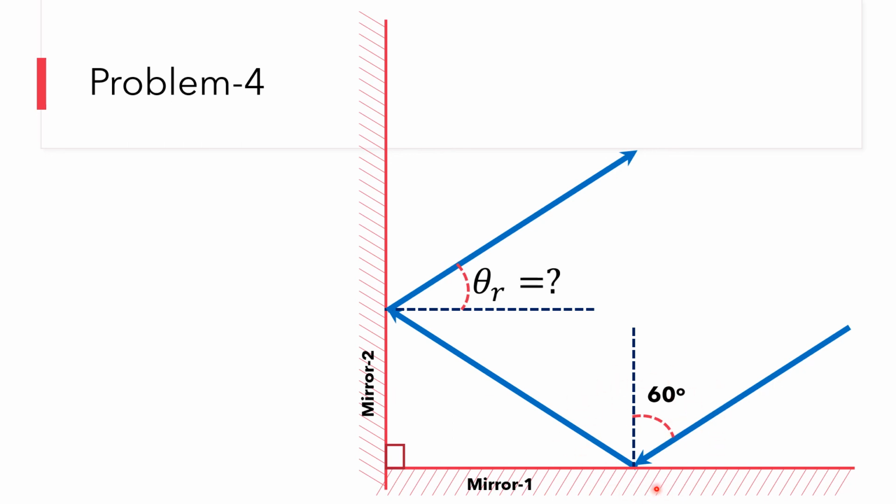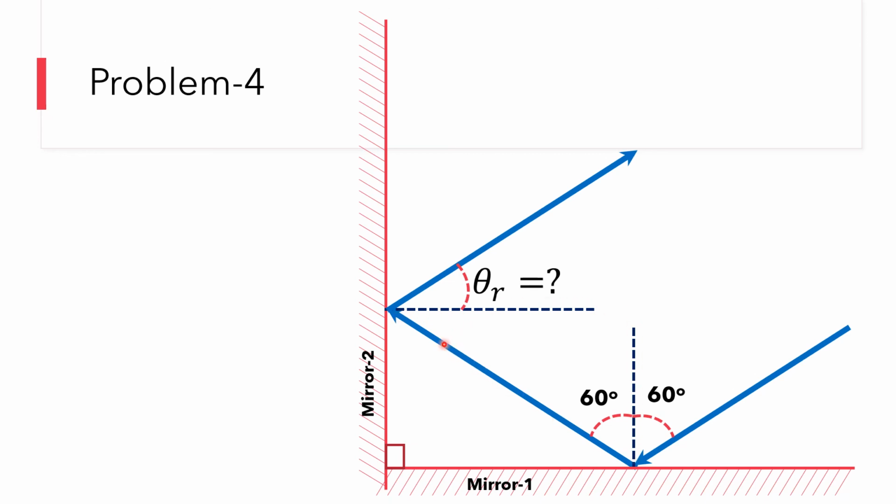It's very clear that this is the angle of incidence, between the normal and the incident light ray. So first we will find the angle of reflection from mirror 1. Very simple, which is also equal to 60 degrees. Now we have two options: we can go for this right angle triangle, or we can go for the other right angle triangle.